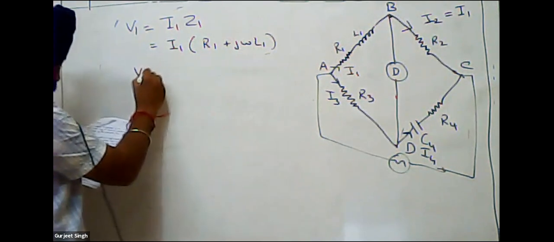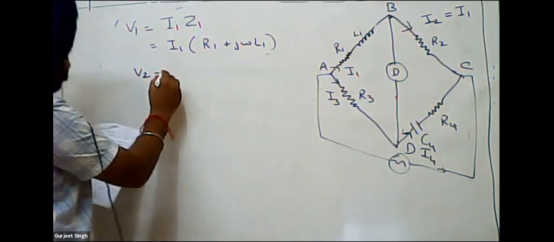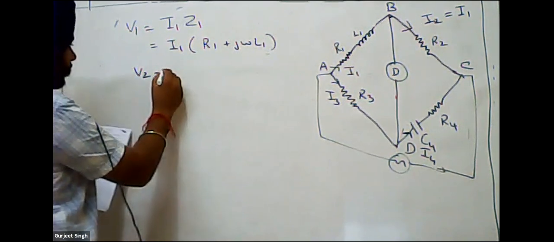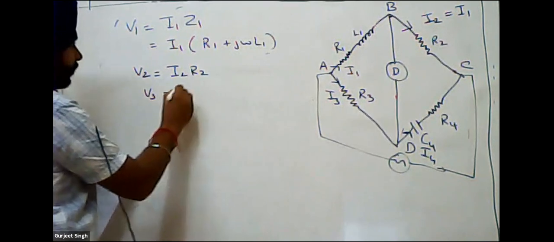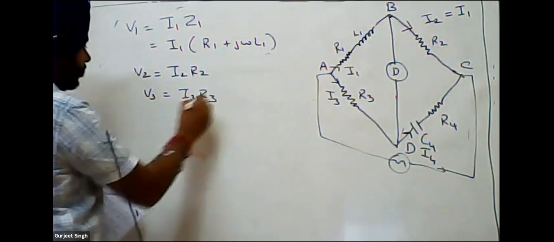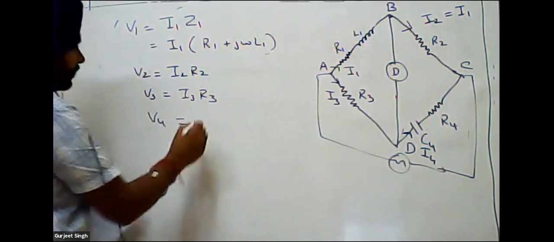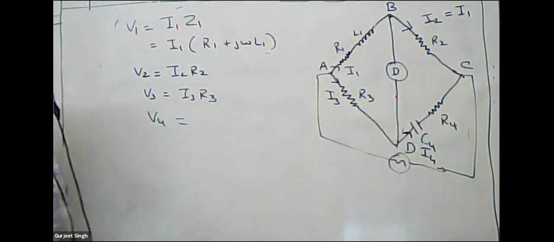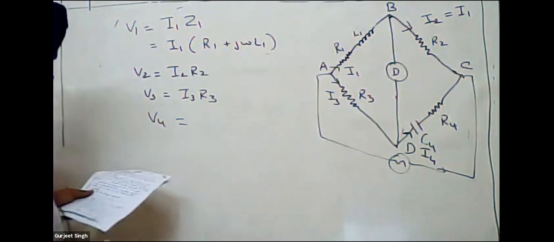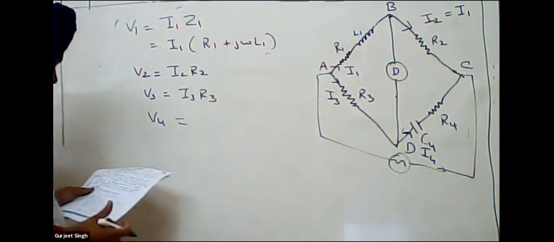Similarly, we will write down V2 is equal to I2 R2, V3 is equal to I3 R3, then V4 is equal to, that is the resistance and this capacitor. Okay, these are again in series.